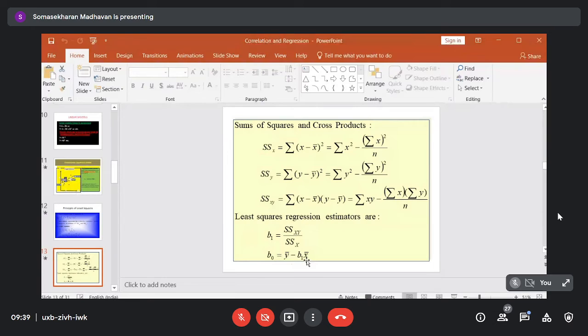This is the estimate of the intercept. So these are called the least square estimates. Okay. Then this term is called covariance.